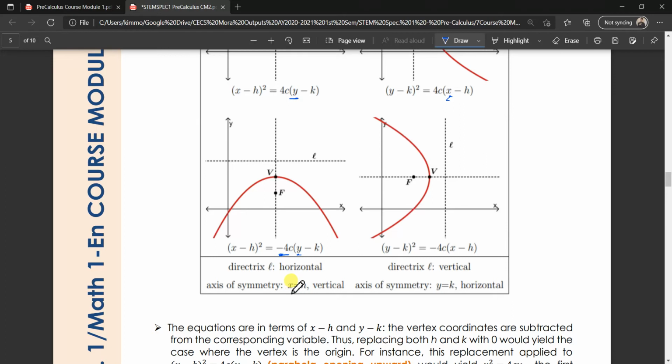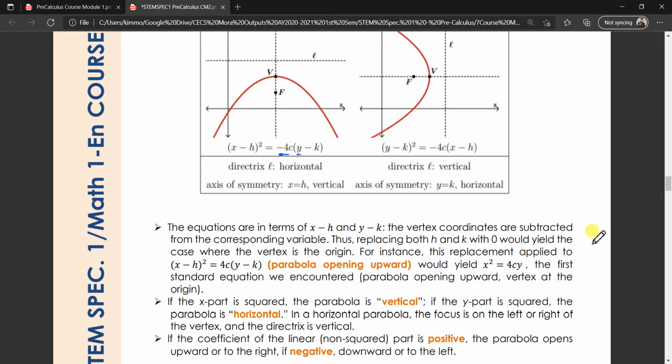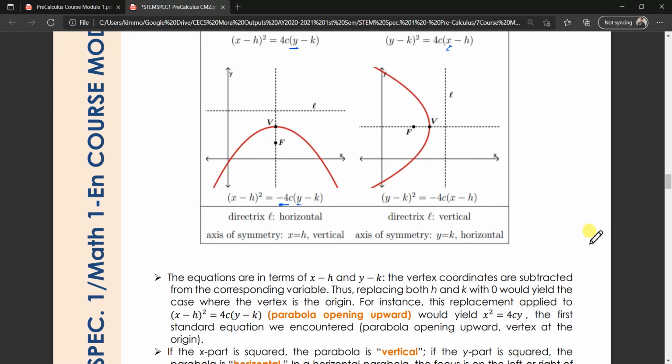And our x is just equal to our h, the x coordinate of our vertex. And our y is just the y coordinate of the vertex, which is the k. So the equations are in terms of x minus h and y minus k, right?